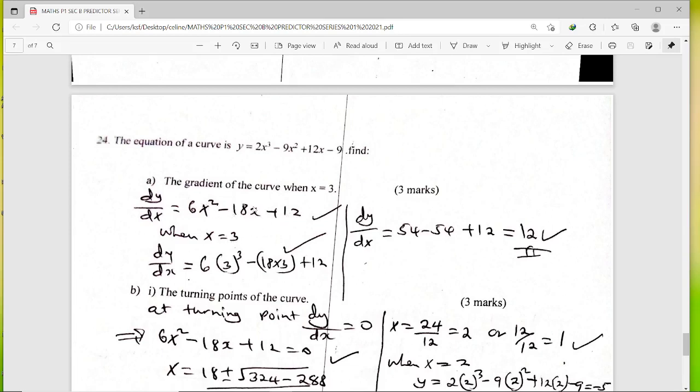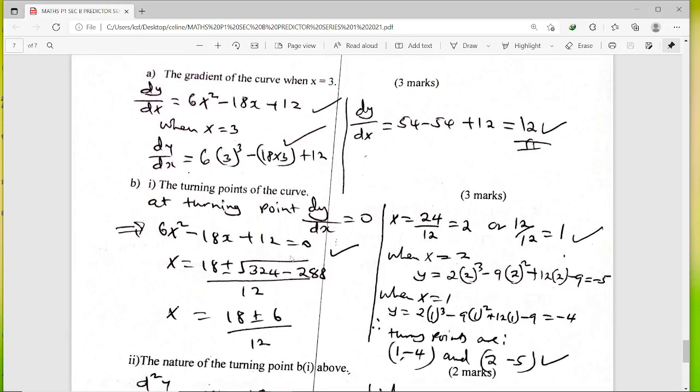It will be 6 times 3 squared, not cubed. I made a mistake there; it is supposed to be squared, because whatever I have done is correct, it's only that I wrote cubed instead of squared. So 3 squared is 9, 9 times 6 is 54, then minus 18 times 3, which is 54, then plus 12. 54 minus 54 is 0, plus 12 is 12. So that is the gradient.